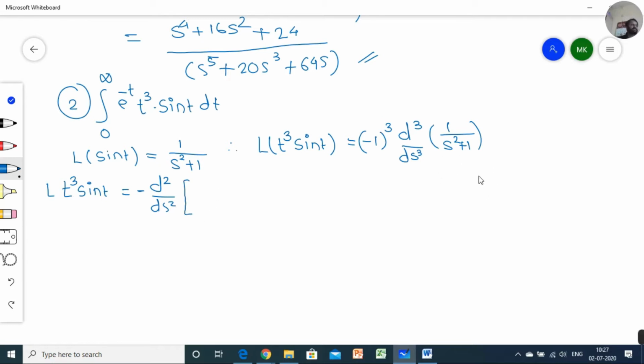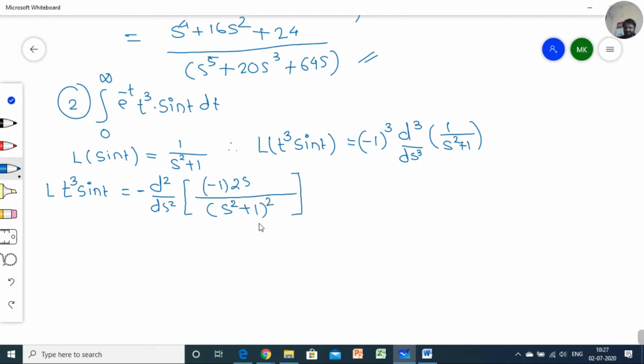When I apply the first derivative by the u by v rule, v into derivative of u becomes 0. I'm not going to explain these things properly, because we already saw many examples of the u by v derivative. Then minus of u, that is minus 1, into derivative of v, so you will get 2s upon v square, that is s square plus 1 raised to power 2.